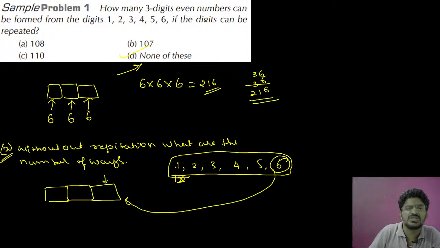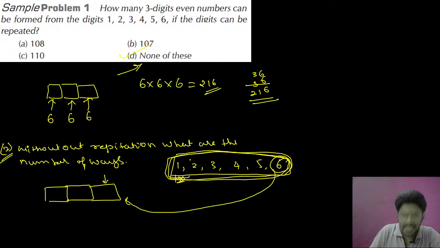For this box, you have got 6 choices because in these 6 you can choose any one number and keep it here. So it has 6 ways.